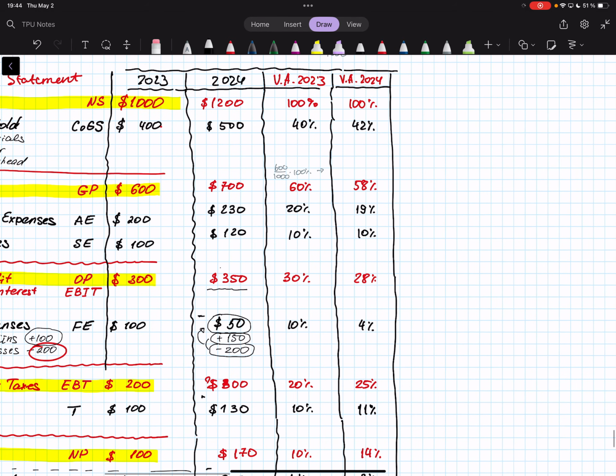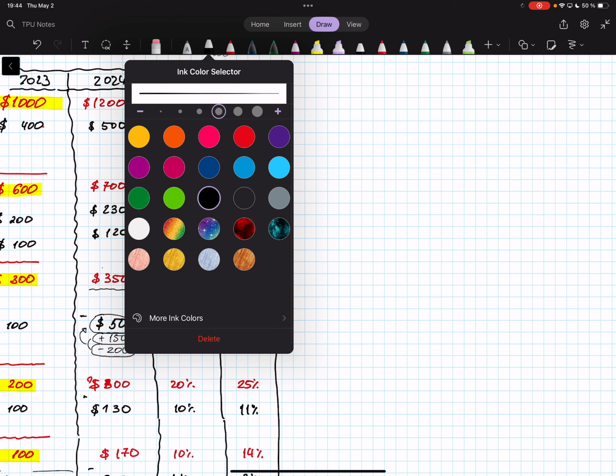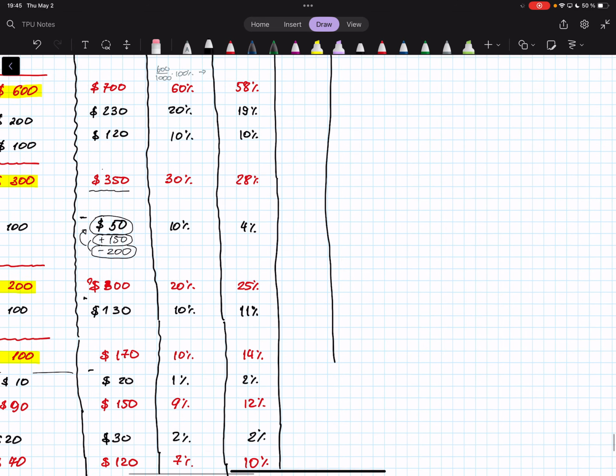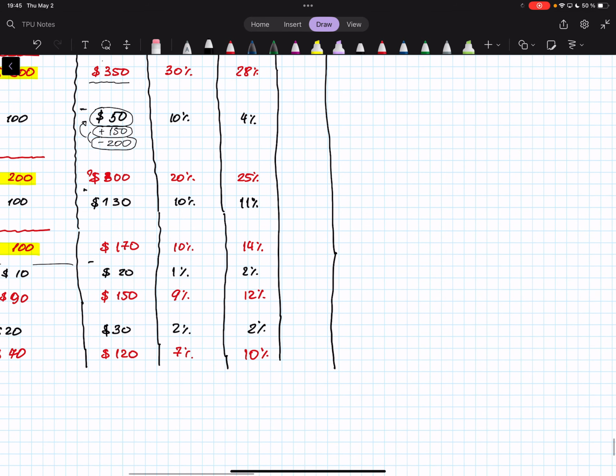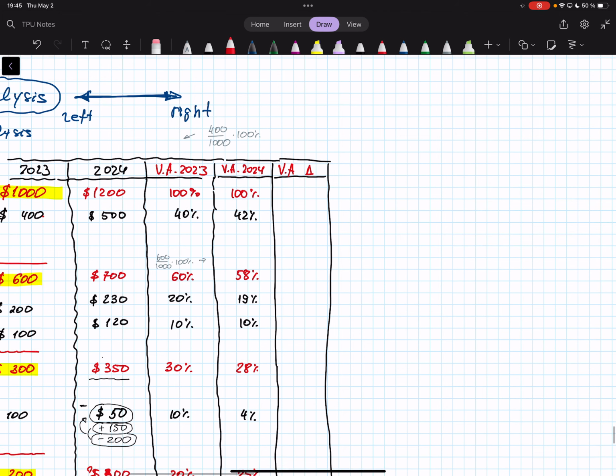So we did vertical analysis for 2 years. And here's the most interesting part. Now I can see how the structure has changed from 2023 to 2024. And this is where I can get conclusions about the vertical analysis. So this is the vertical analysis change.